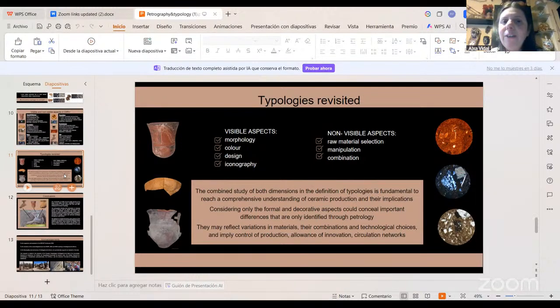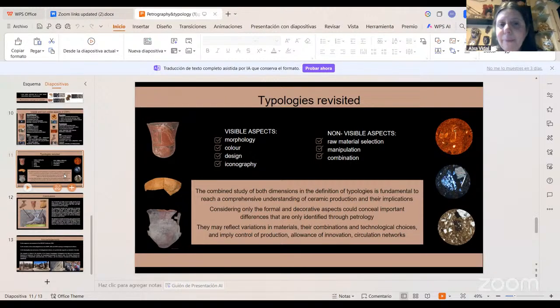Because if we consider only the formal and decorative aspect, they can conceal important differences, like the ones we have seen that can be really representing different types of control that are seen in the compositional part of the pottery, but not in their external shapes, or the other way, and can be only identified through non-visible aspects or variables like petrology, for instance.